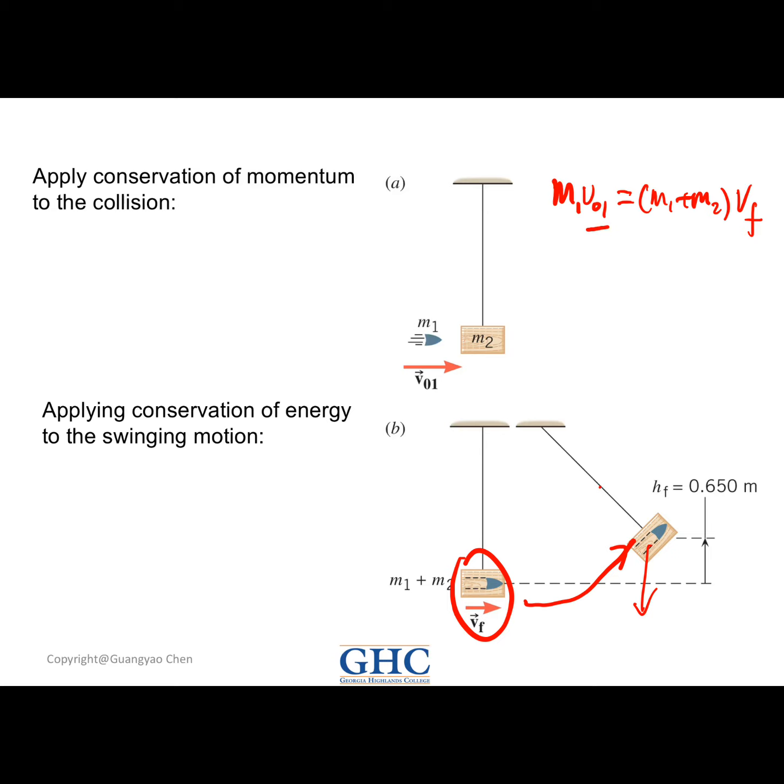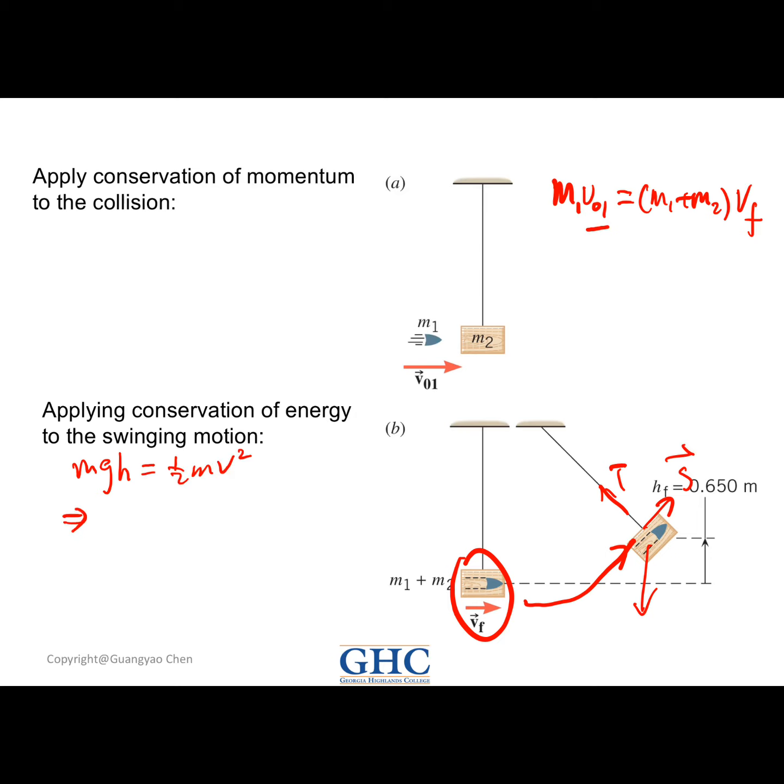You have weight and then you have tension. But tension doesn't do any work because tension is always perpendicular to the direction of displacement. So only gravity is doing work. If only gravity is doing work, mechanical energy is conserved. So we use the equation of mechanical energy conservation.